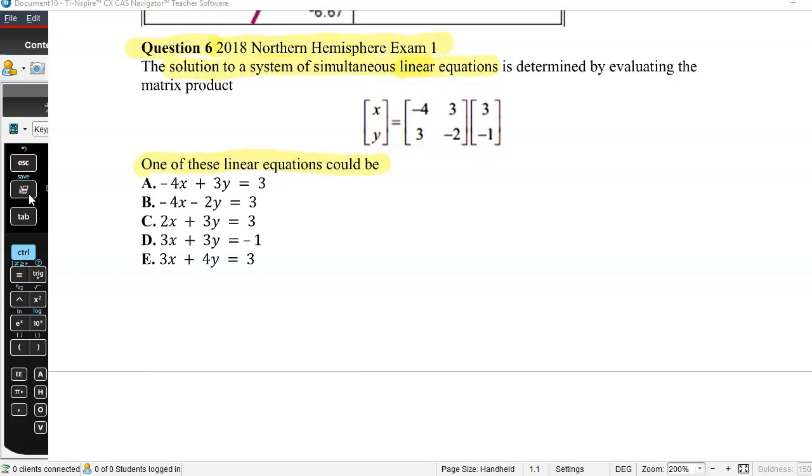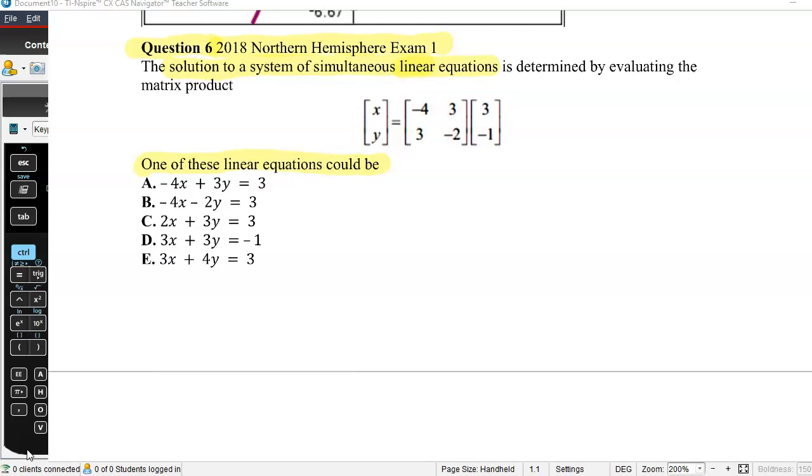Okay. So let's see if we can figure out, well, if that's the inverse, what's the original matrix? So really, to get here, we've got to think about what's happened to that and try to reverse it.